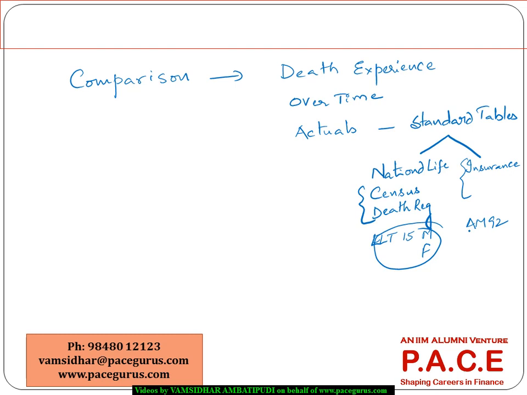But the prime reason at any point in time, looking at the actual experiences and probably doing a graduation on them, then comparing across the various products or various time periods actually helps us to understand if there has been any kind of difference from the other product, or is there any way some specific kind of people are taking some specific kind of policies corresponding to the others, or if there is any difference in the actual calculations, actual values compared to the table related values.